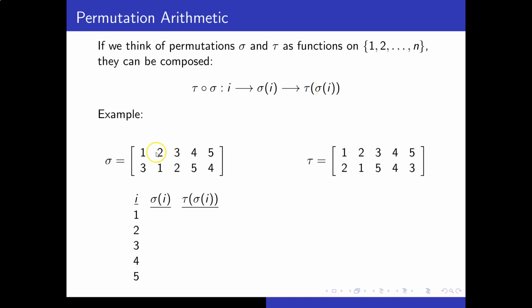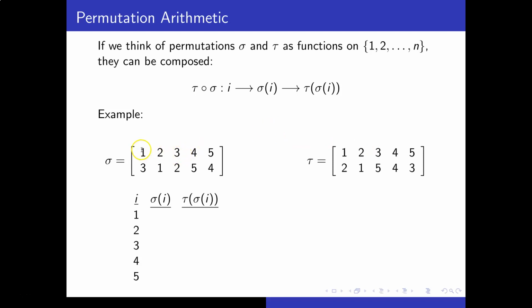So let's look at, say, tau compose sigma, this is a Greek letter tau, by the way, as a total permutation. We're going to take our input value, plug it into sigma, see what we get out, take that number and plug it into tau and see what happens.